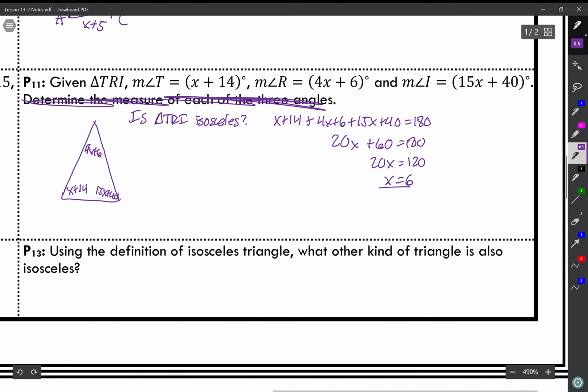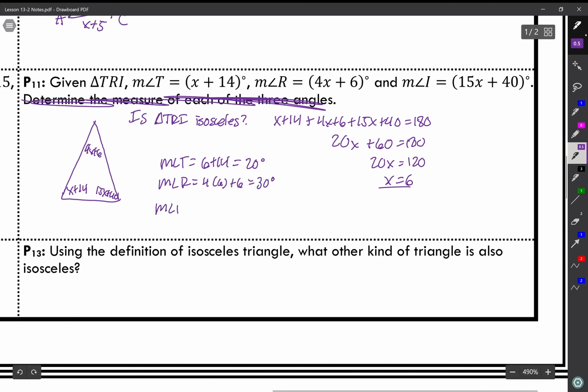Alright, the measure of angle T is equal to 6 plus 14, which is 20 degrees. The measure of angle R is equal to 4 times 6 plus 6. So 4 times 6 is 24 plus 6 equals 30 degrees.